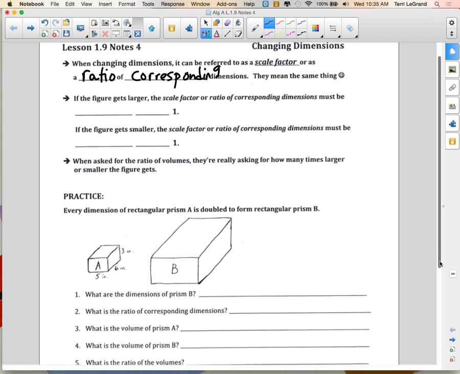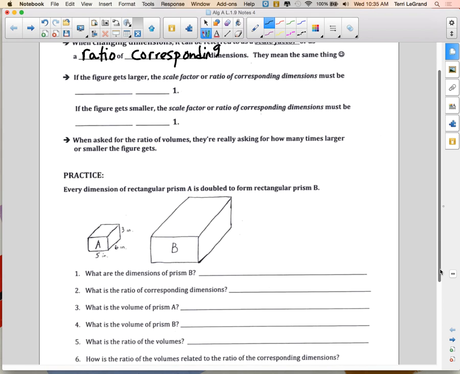Okay, let's be reminded, if the figure gets larger, whether it's two-dimensional or three-dimensional, the scale factor or ratio of corresponding dimensions must be what? Greater than 1. Yeah, greater than 1. Well, if it gets smaller, then what should we count on?